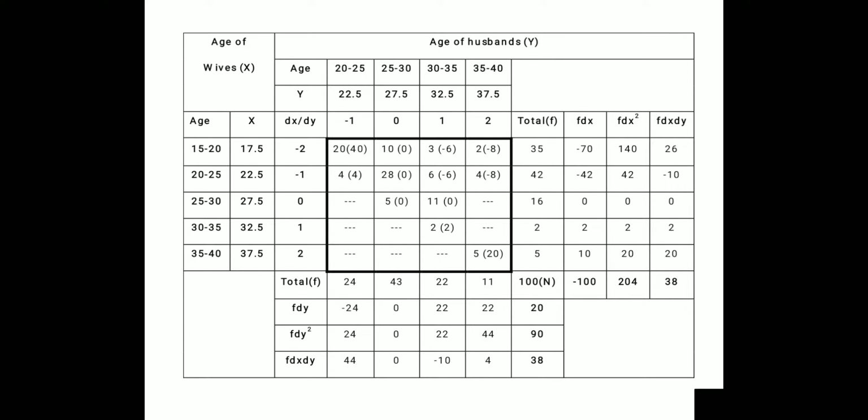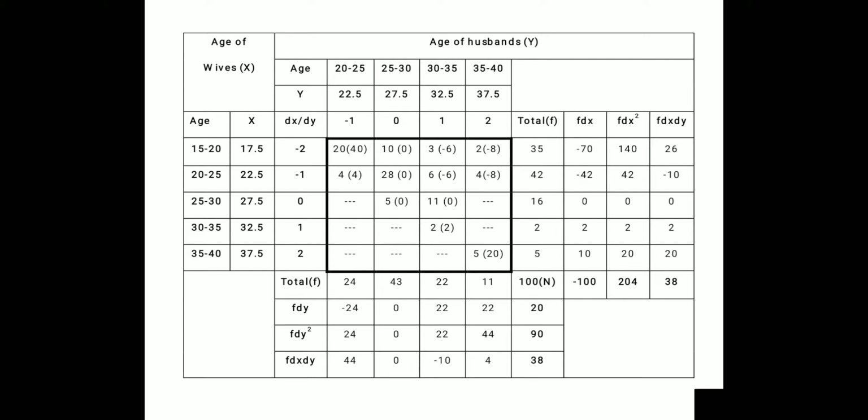That is, the class interval gap here is 5, that is 15 to 20, that is 20 minus 15. So 17.5 minus 27.5 divided by 5. Okay, so that will give us minus 2.